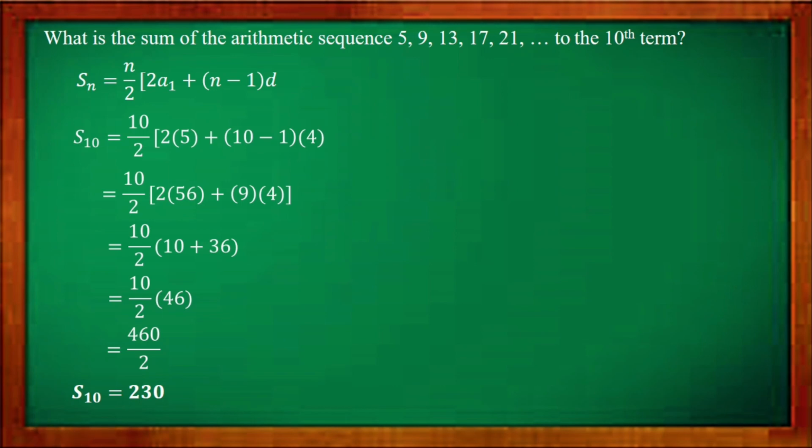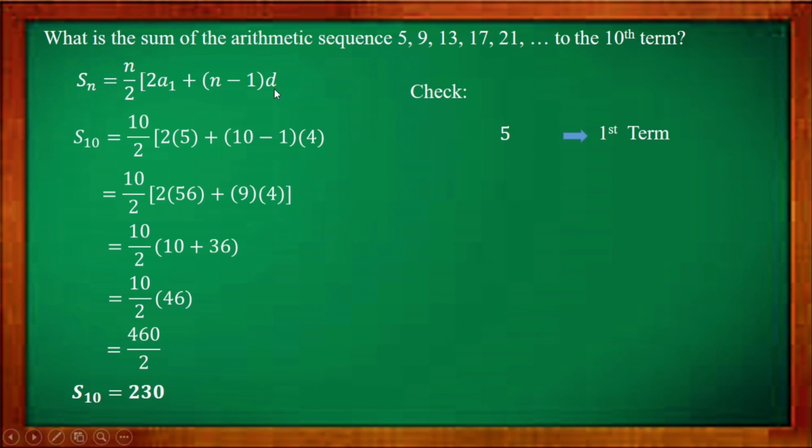So for us to check whether our answer is correct, what we are going to do is list down all those terms from the first term up until the 10th term and get the sum of those 10 terms. From this given sequence, our first term is 5.